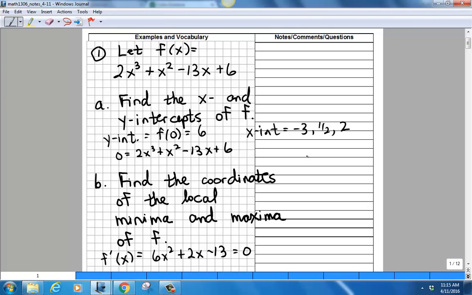But if it doesn't factor, you can still solve the equation by doing what? Using what? The quadratic formula, right? Okay, so you know that no matter what, you're going to be able to solve this equation. You might be able to solve it by factoring, but if you can't factor, you can always solve it using the quadratic formula.